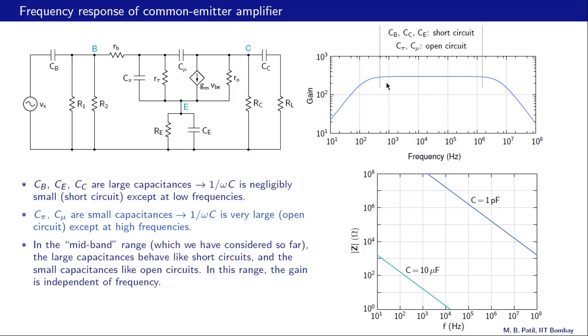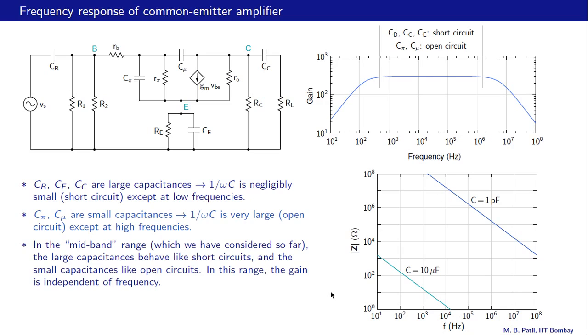Then there is a low frequency region in which the large capacitors, the coupling capacitors and the bypass capacitors, start presenting a sufficiently large impedance and therefore causing a reduction in the gain. Then there is a high frequency region in which the impedance because of C pi and C mu becomes small enough, and that causes a reduction in the gain in this region.